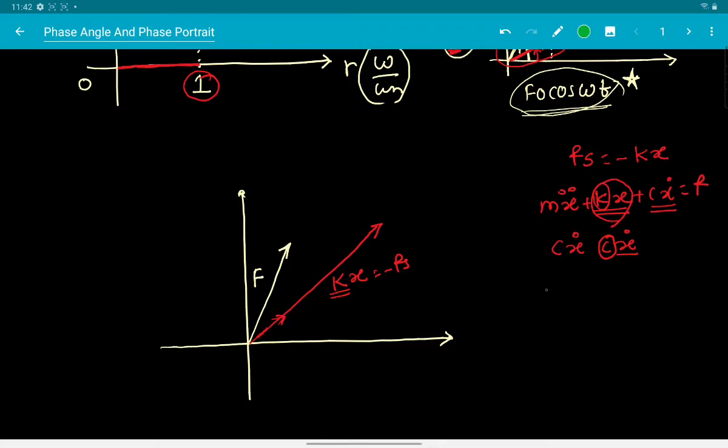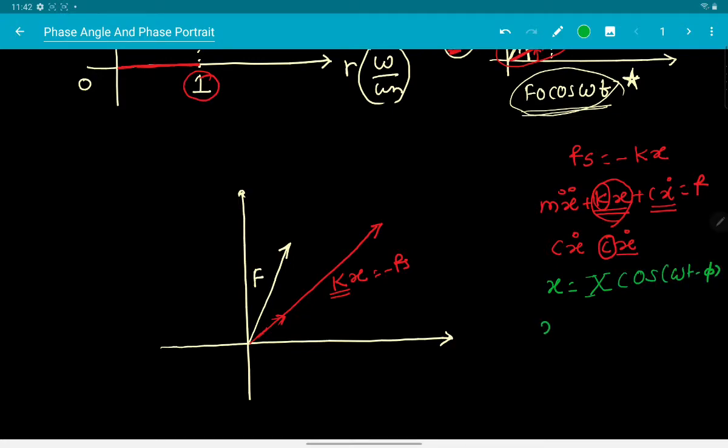We already know that x has this expression. Now x is only xp. We are not at all considering xc, since it has already died down. So I'm directly writing it as x, which is xp. Now x is x cosine of omega t minus phi.